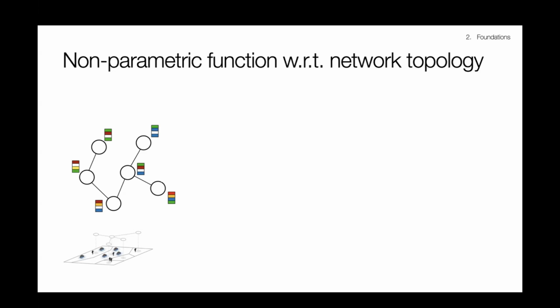The second problem that we would observe if we were to use standard feed-forward neural networks with graph-based architectures is the fact that these are naturally linked to a specific topology of the network, not only the permutation, but even just, for example, the number of nodes.